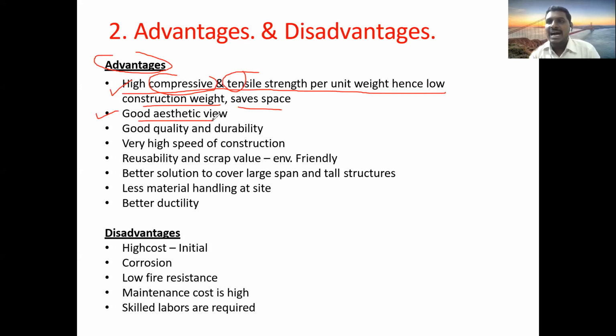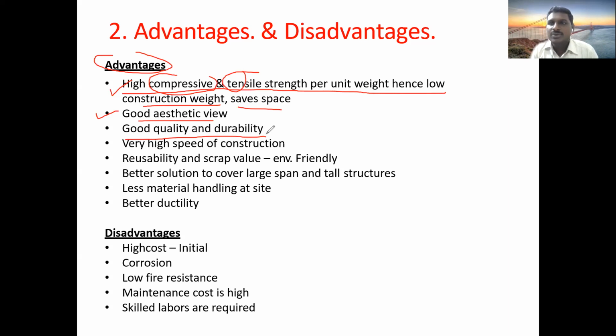If you see the RCC building or the steel building, the steel building also has a good aesthetic view, similar to the RCC building. Then good quality and durability. The quality of steel is also good and durability of steel is also good. Steel is a durable material.